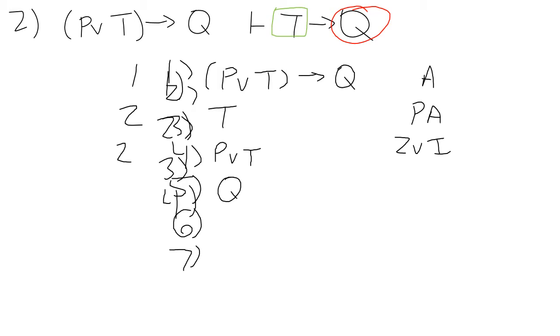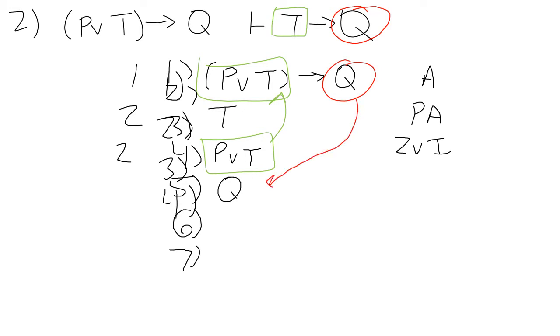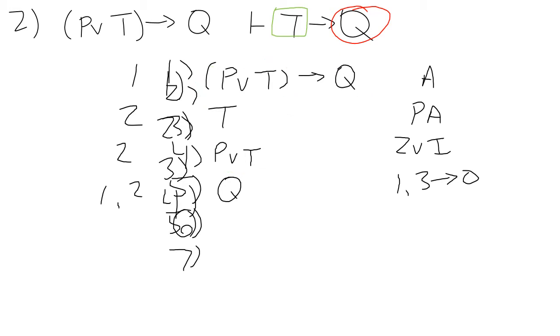So here is our antecedent in line 3 that we can toss into here. And we can kick out our consequent down here in line 4. So that's going to be 1 and 3, arrow out. 1 and 3 gives us 1 and 2. And then now we've reached our consequent that we were looking for up here.